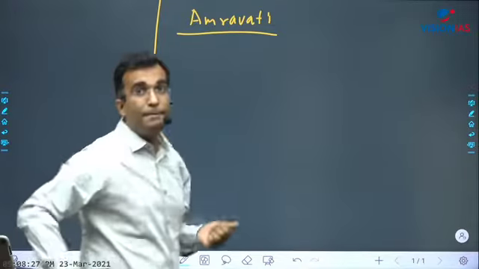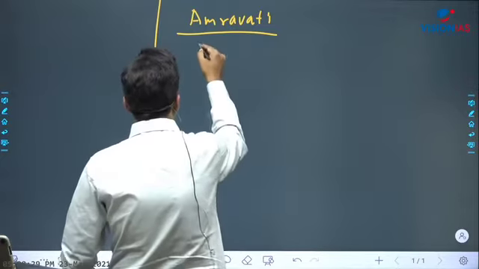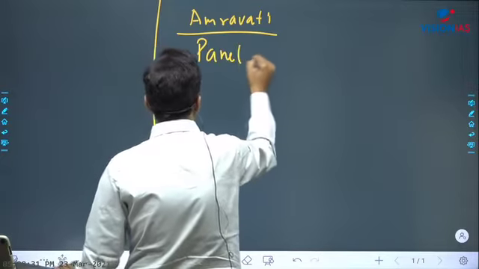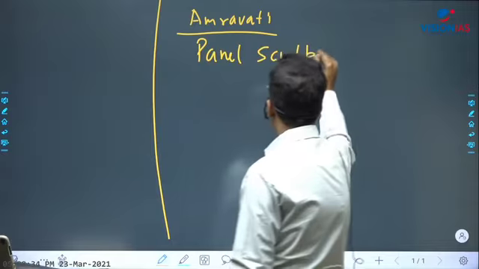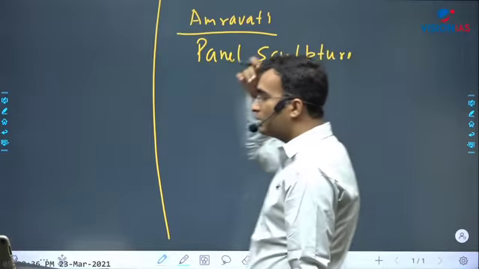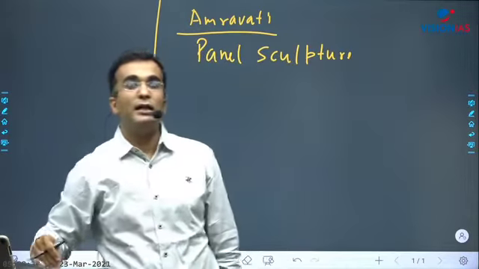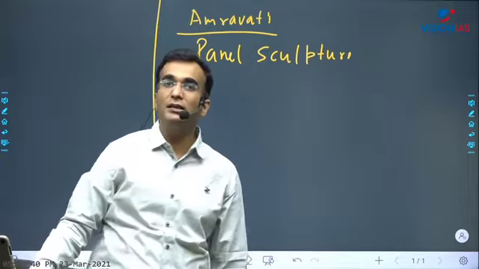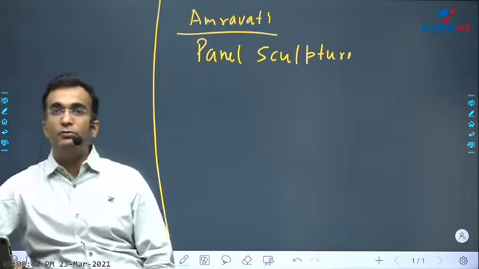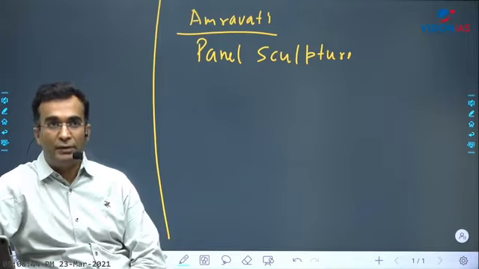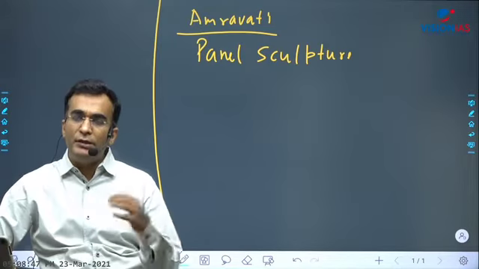When it comes to Amravati sculpture, it's a type of panel sculpture. What I mean by panel sculpture is that you may not come across a single dominating image, and there would be so many characters.